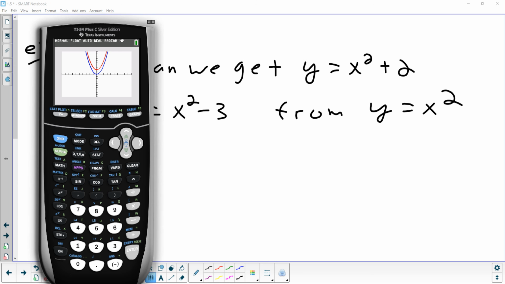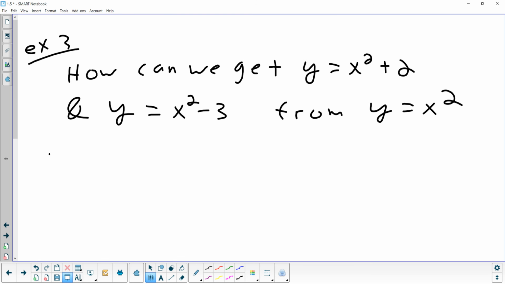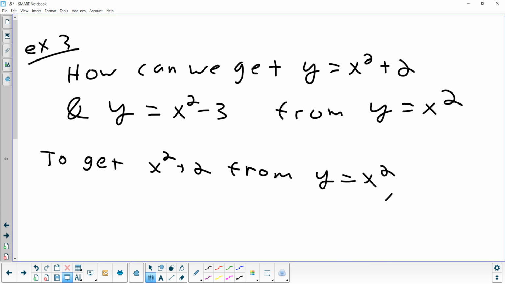So the plus 2 outside of the x squared caused it to move up 2 units. So to get y equals x squared plus 2 from y equals x squared, we're going to shift y equals x squared up 2. That's one way you could say it.